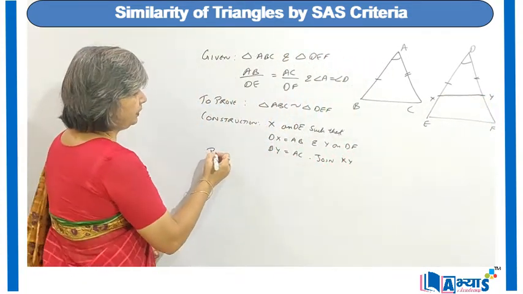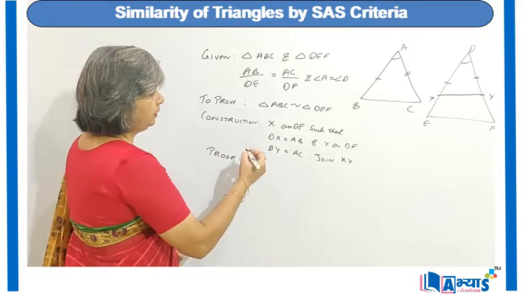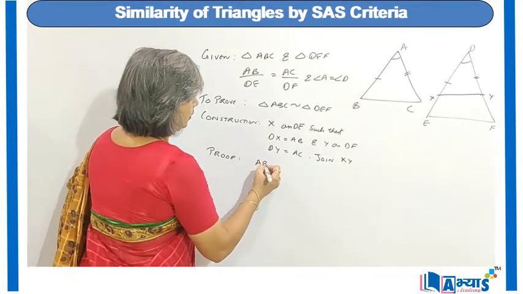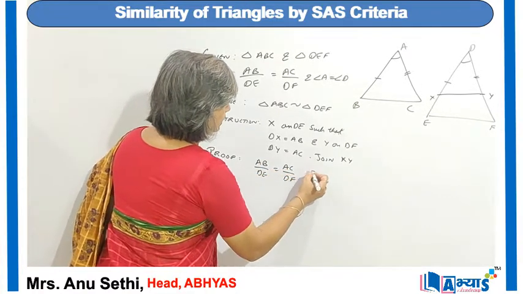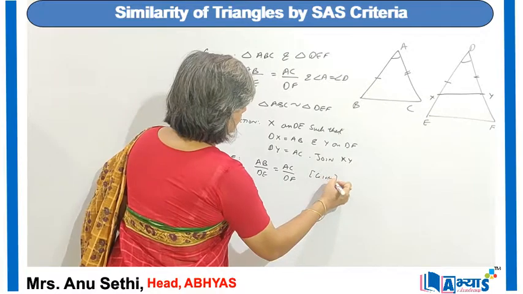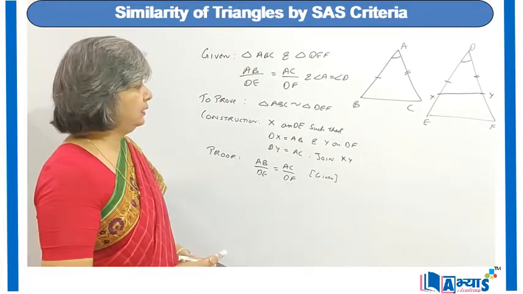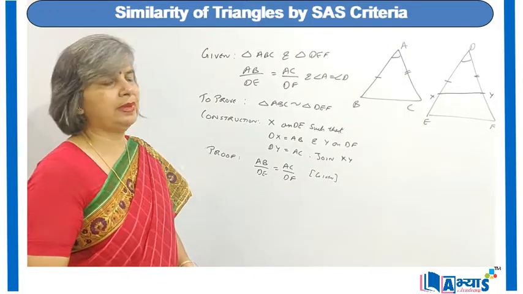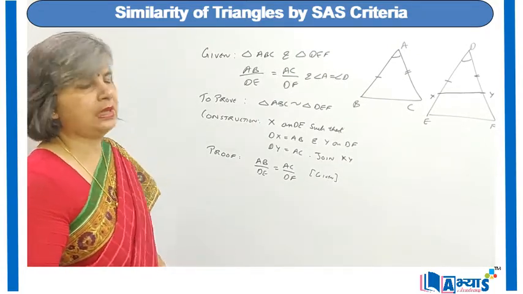So the proof will be, we are given AB upon DE is equal to AC upon DF. Now we know that AB is equal to DX and AC is equal to DY by construction. So we will replace AB and AC with DX and DY.